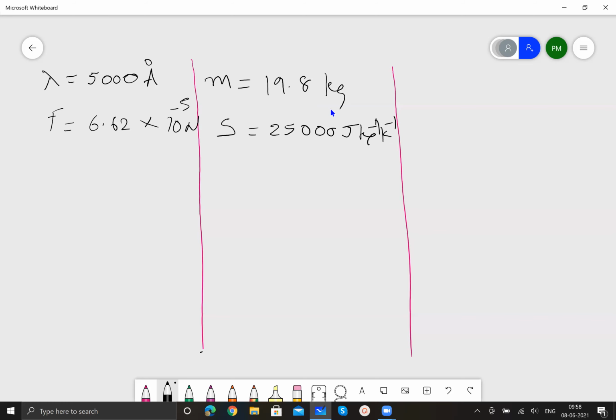Here I wrote the units: 25,000 joules kg inverse Kelvin inverse.